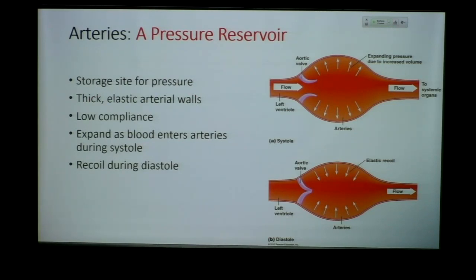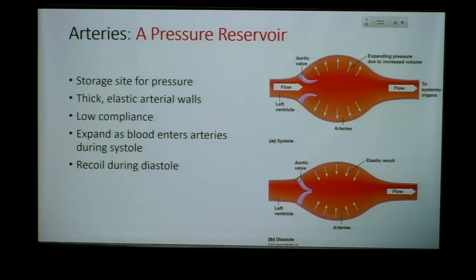And so this is elasticity. And I want you to think about elasticity as the opposite of compliance. If something is elastic, it's going to really want to get back to its shape. It's going to be stubborn in that way. Think about a rubber band, right? If you stretch it open, it's going to really try to snap back to its original shape, versus something that's compliant, okay? Think about a stretched out headband or a stretched out elastic.